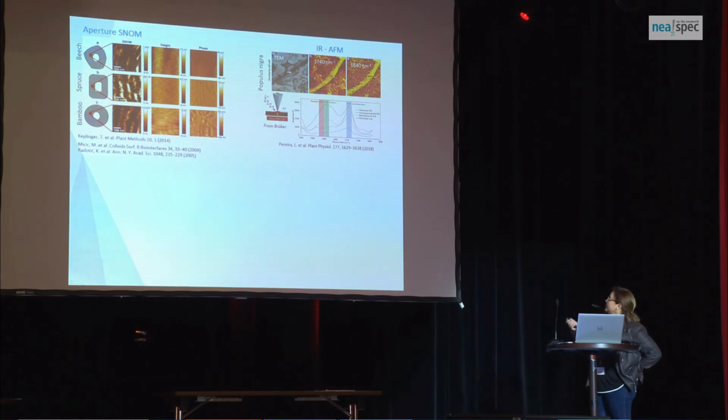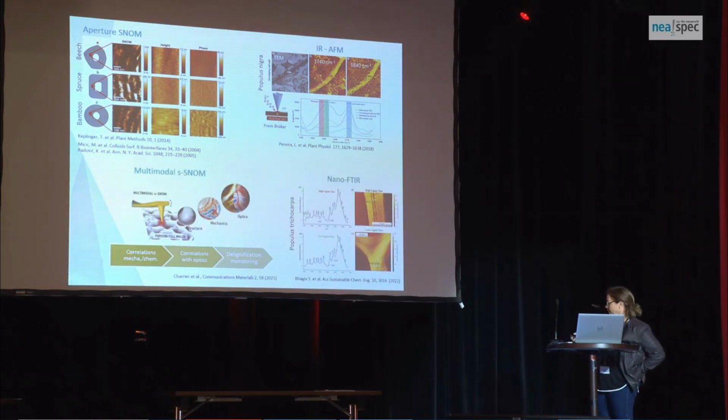You also have this nice work from the group of Pereira in IR-AFM, where they compare with TEM images at two different wavelengths here, and they acquired some spectrum in different regions of the cells. And we went to the s-SNOM to try to correlate the structure, the mechanics, and also the optical property and chemical property.